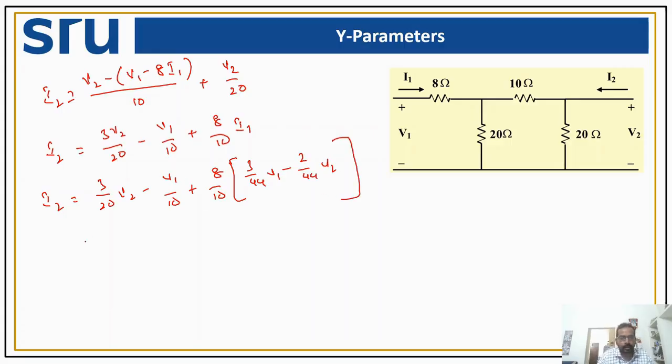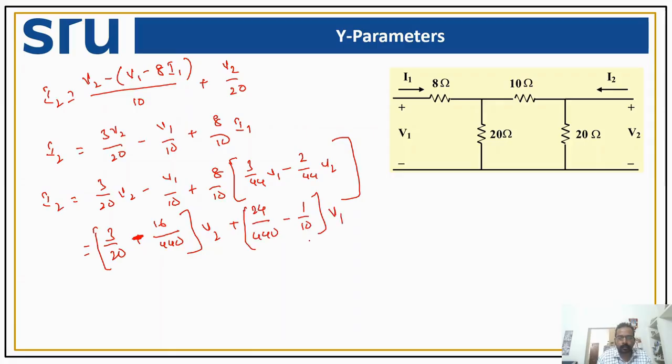So let us rearrange these equations. It is 3 by 20 plus 8 into minus 2, minus 16 divided by 440, into V2, and we have plus 8 times 3 is 24, 24 by 440 minus 1 by 10 into V1.